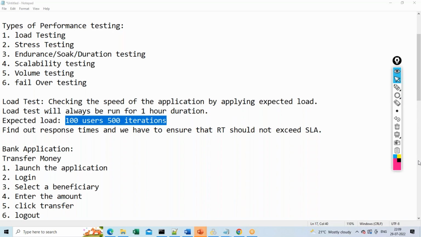Okay, correct, sir. And sir, one more question I have. For endurance testing, as you said, the load will be the same as the load test, right? And sometimes it would be 75% of the load test. So do we need to check it with the developer or client? No, no. You have to check it with your project manager or lead, like how they are following.